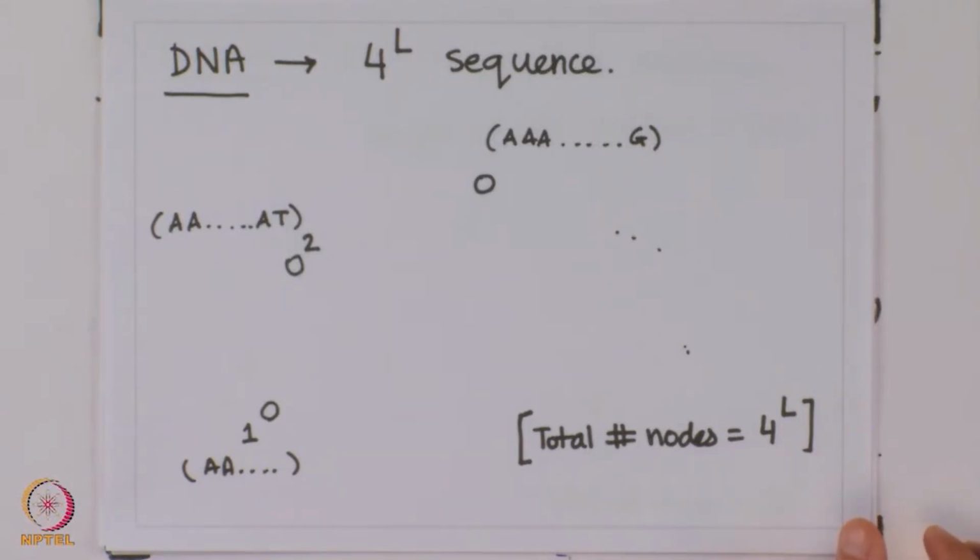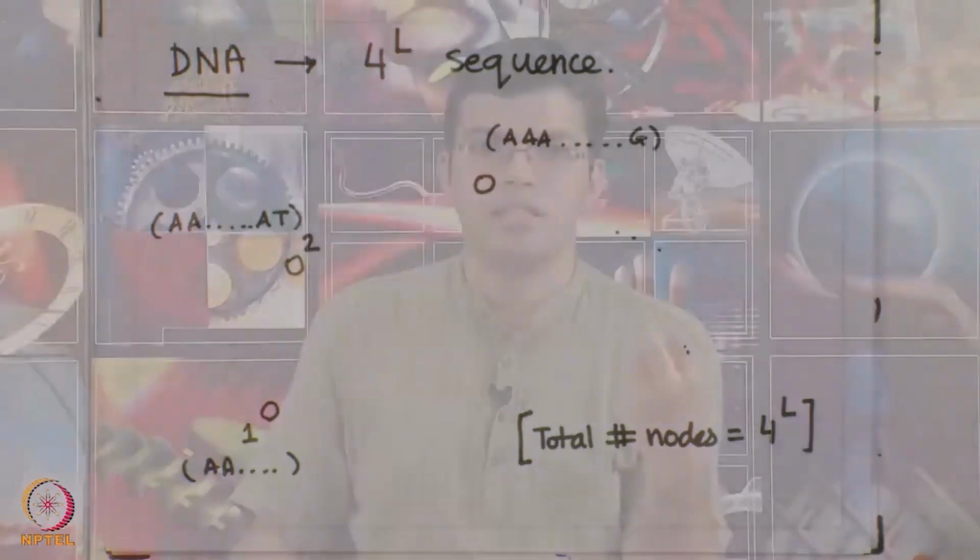If we are interested in a DNA sequence of length L, then the total number of DNA sequences which can be created which are of the same length, but where the choice of nucleotides can be different, but the sequence size has to be the same, the answer is 4 to the power L distinct sequences.